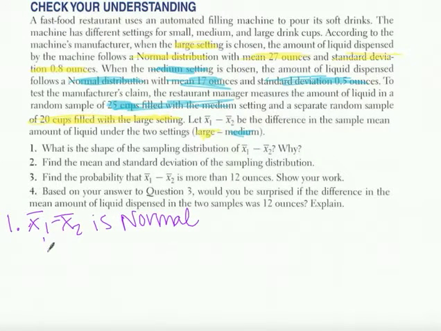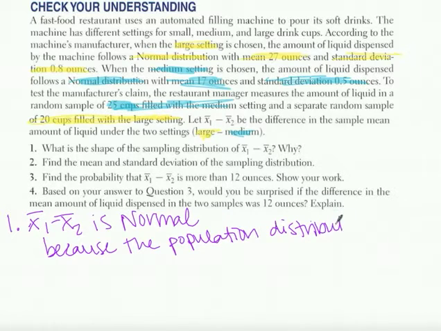And it may be useful to say that this is because the population distributions were normal.